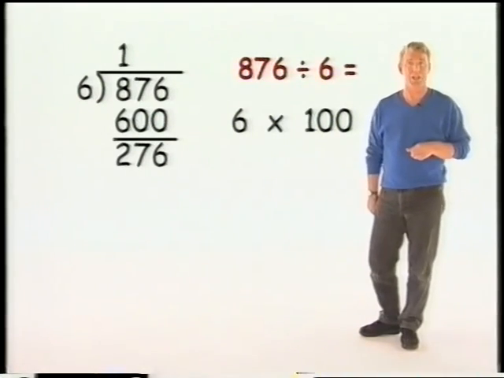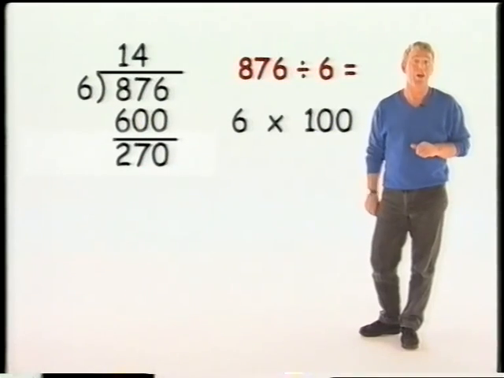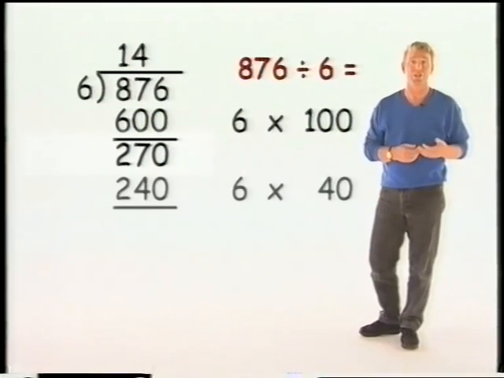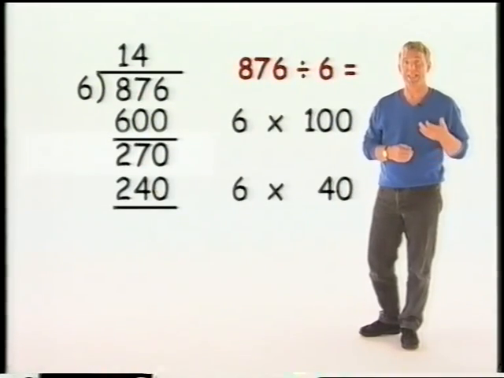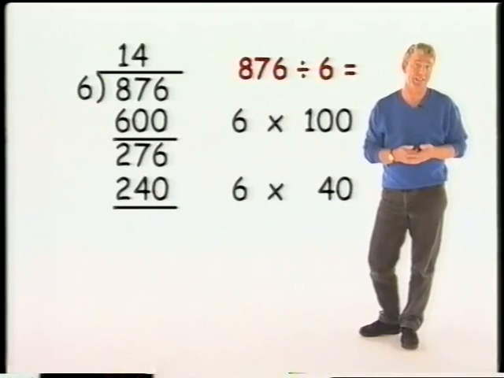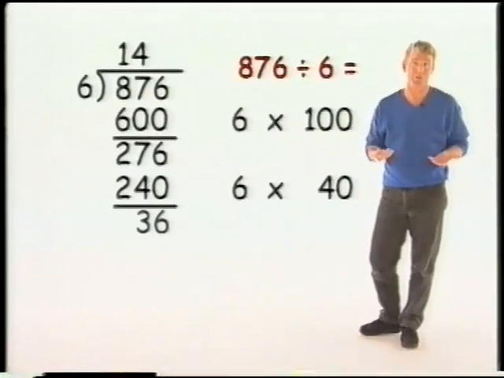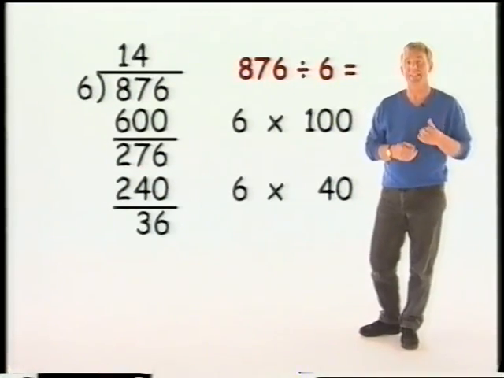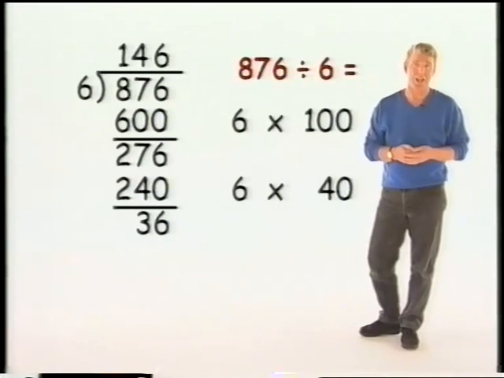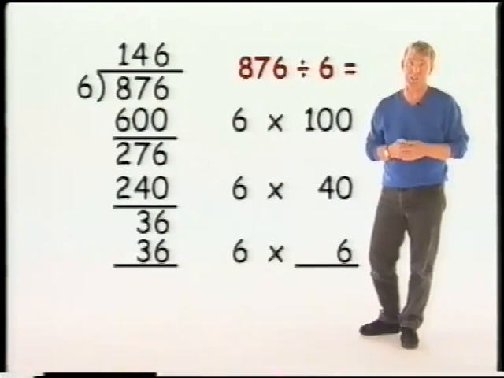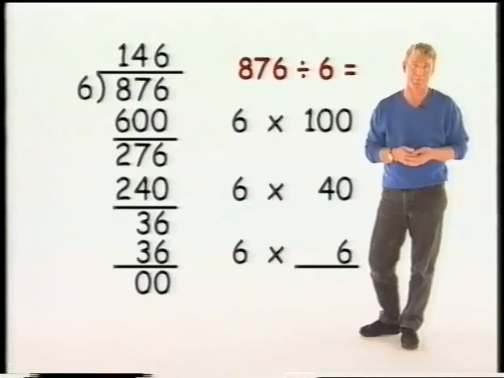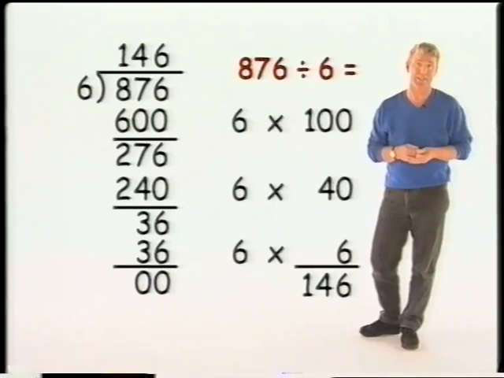The nearest number of times that 6 will go into 270 is 40. 40 times 6 is 240. Take 240 from 276 and we're left with 36. 6 times 6 is 36, and when we take this away from the original 36, it leaves 0. So the final answer is 146.